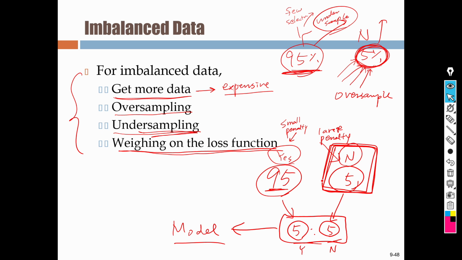So automatically the model will try to predict a little more no's accurately, but you will lose a little bit of the accuracy on the yes side. So even though using imbalanced data, your model will make more effort to predict the no side.